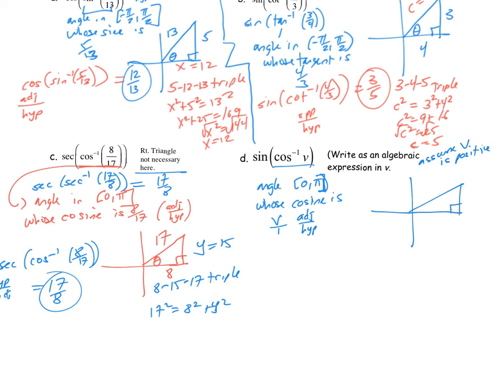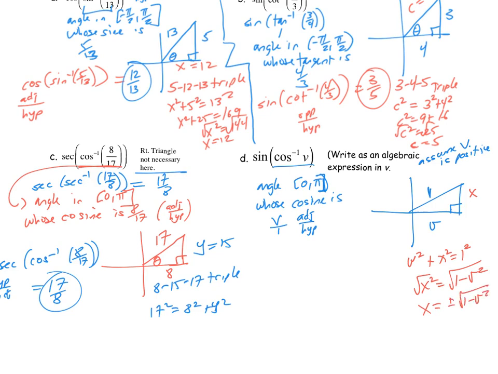So the length of the adjacent side is v, the length of the hypotenuse is 1, and now we need to find the length of the missing side, which I'll call x. So by the Pythagorean theorem, I know that v squared plus x squared is equal to 1 squared. So x squared is going to be 1 minus v squared, and then I'm going to take the square root. So x is going to be plus or minus the square root of 1 minus v squared.